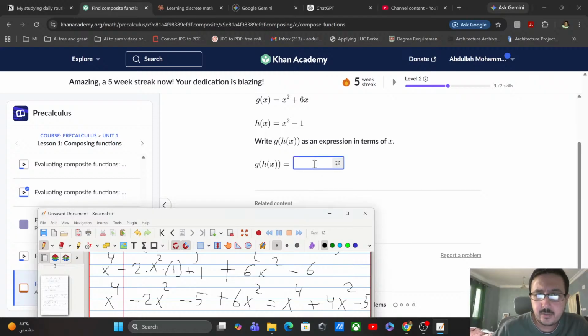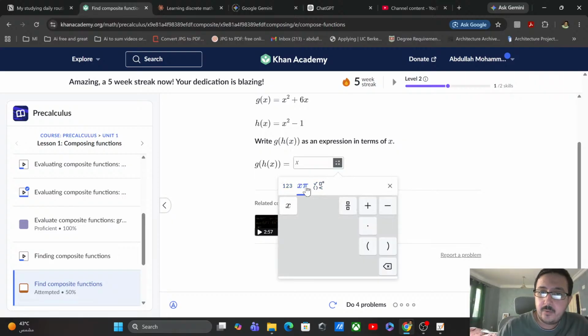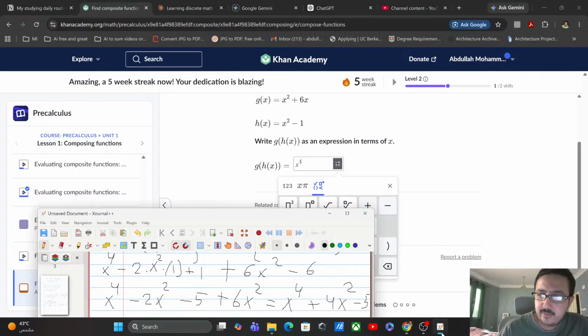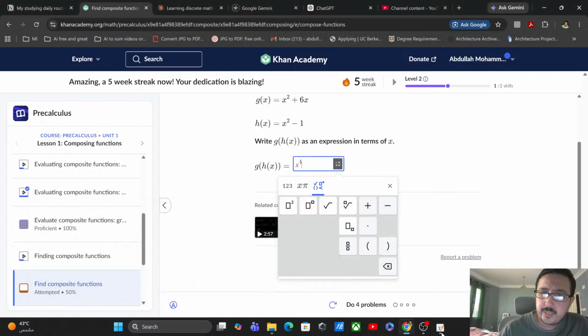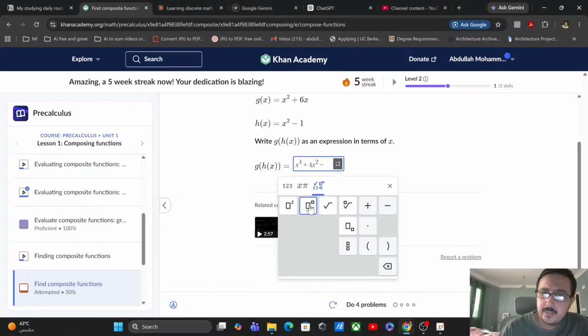So I got x to the power 4 plus 4x squared minus 5.